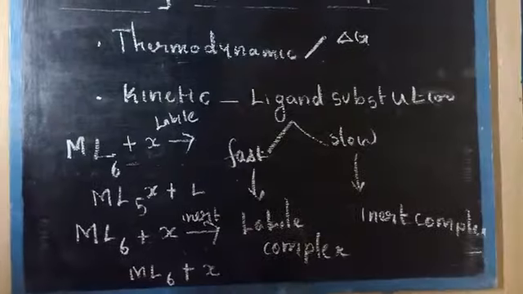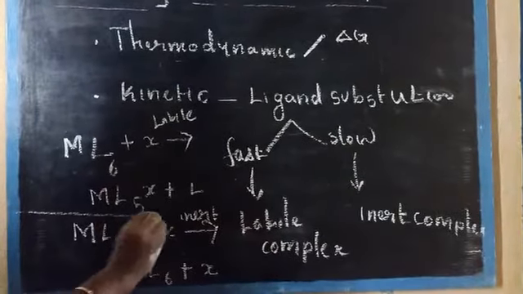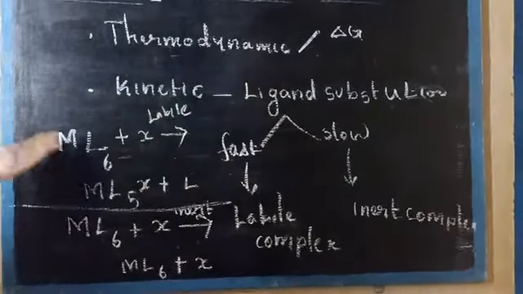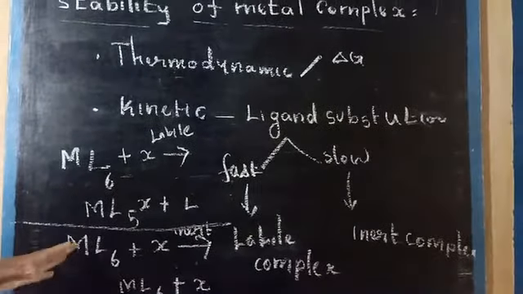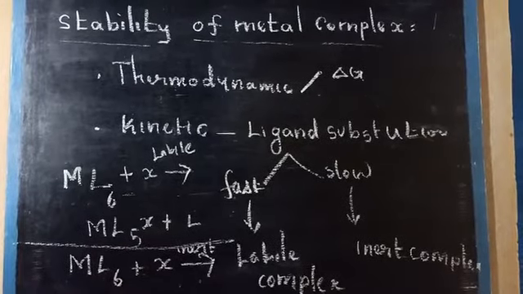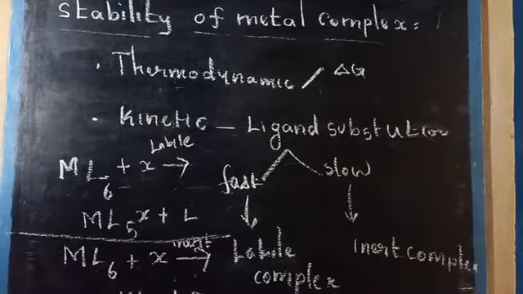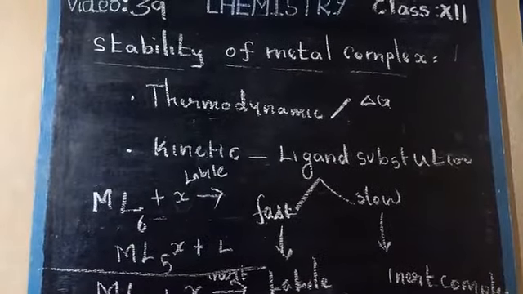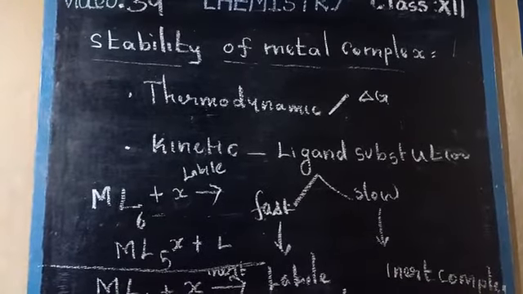In labile complexes we get the product like this. In inert complexes the reactant is obtained again; no reaction takes place. Children, I hope you understand this session. Thank you, children.